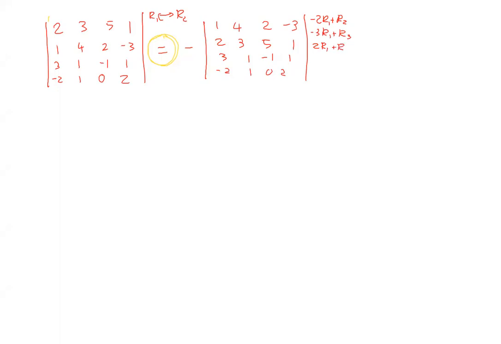Equality sign, let's not forget our equality, and we will have 1, 4, -3. I shouldn't forget the negative sign that I was carrying with me. These are small mistakes that we need to avoid. 0. -2 times 4 is -8 plus 3, that's -5. -2 times 2 is -4 plus 5 is 1.